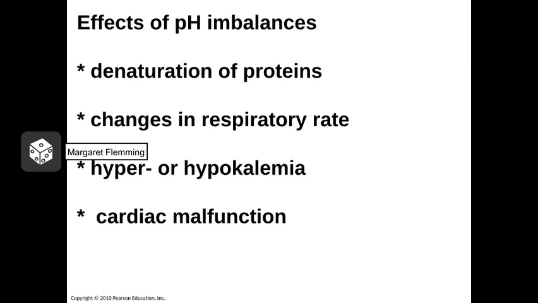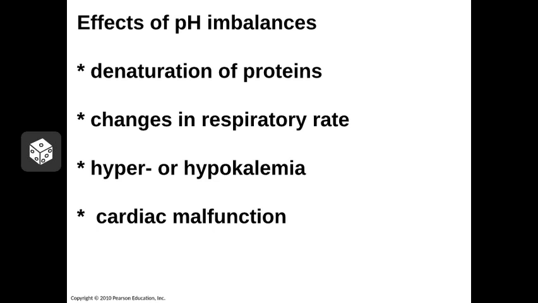Why is it so important to maintain the pH within that narrow parameter? Well, we know that changes in pH can denature proteins. This can be very problematic if you think about all the various proteins within the body. We have transport proteins on the cell membrane. We have hormones that are proteins.